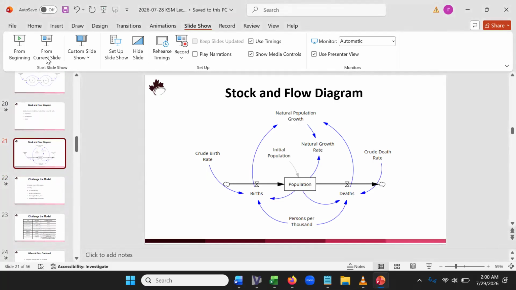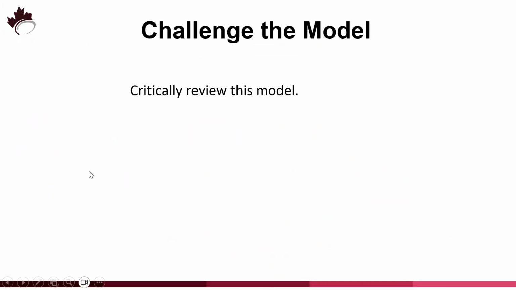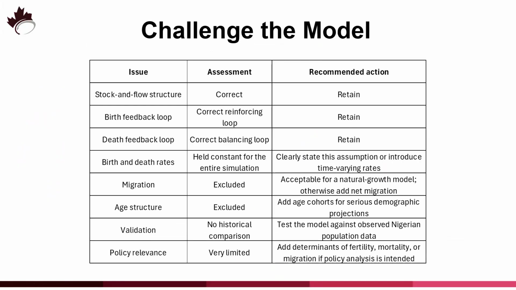Let's go back here and then next slide. So there's the model, and I challenge the model. So I ask it to critically review this model and identify the main errors, the main weak assumptions, the missing feedback and required improvements. And this is what I got when I challenged the model. So I have these issues, I have an assessment, and I have a recommended action.